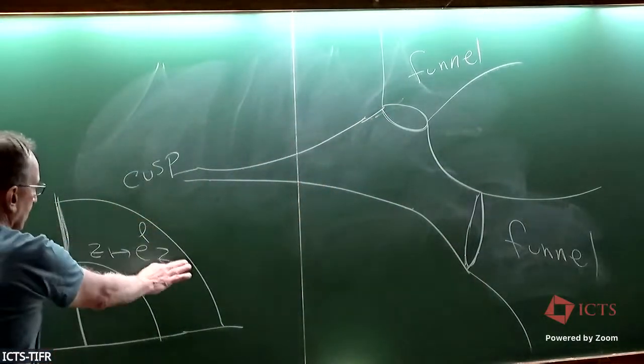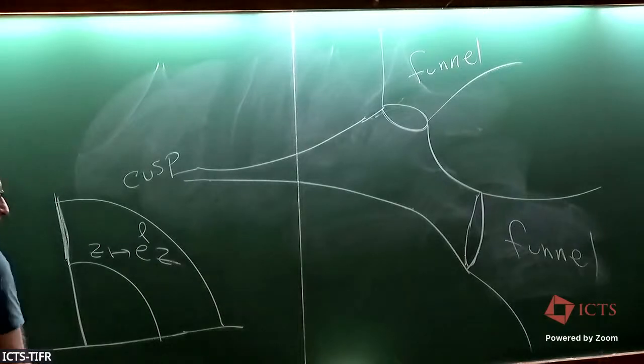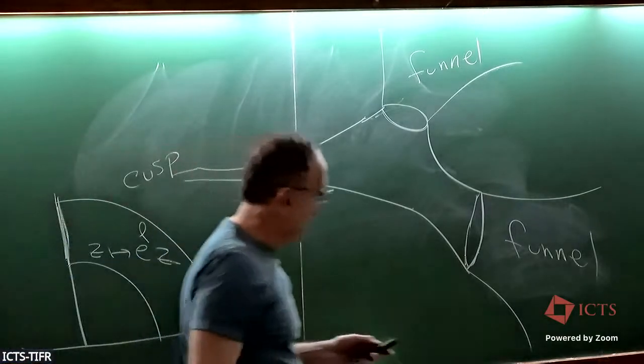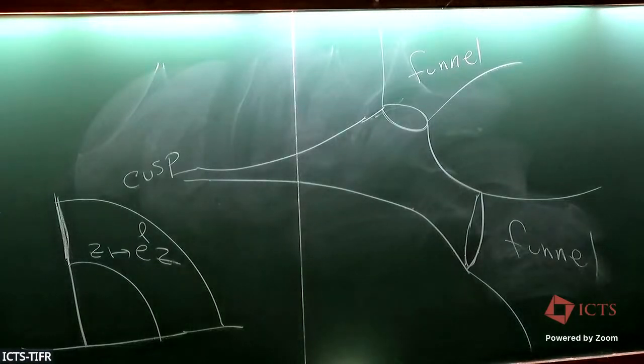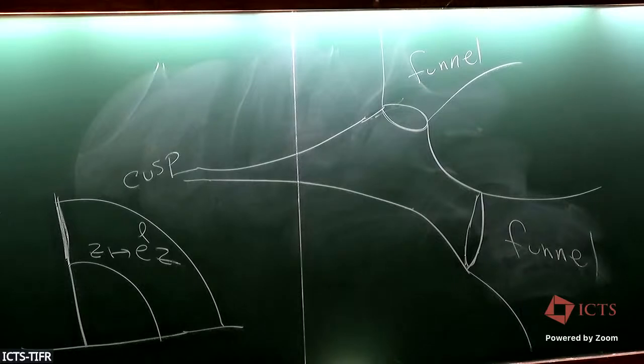And this is the funnel part in the quotient. So this is the only thing that happens for a finite type surface. You have those two possible ends, escape routes, if you like. And in this example, the convex core is you chop off the funnels.